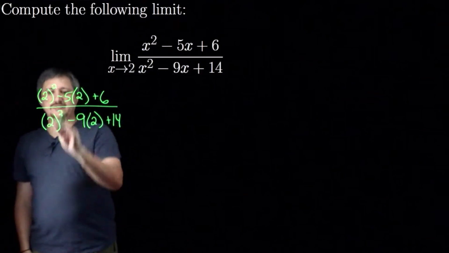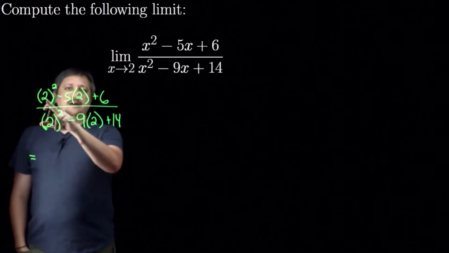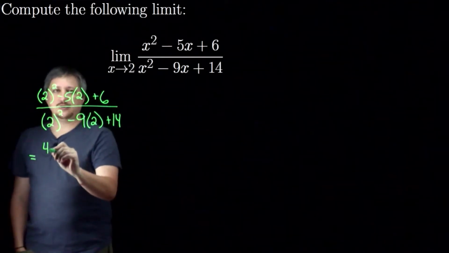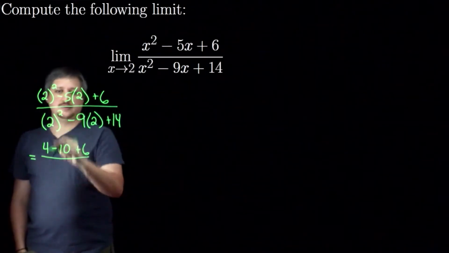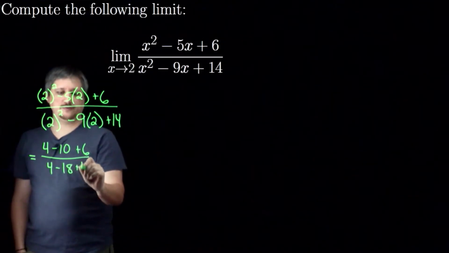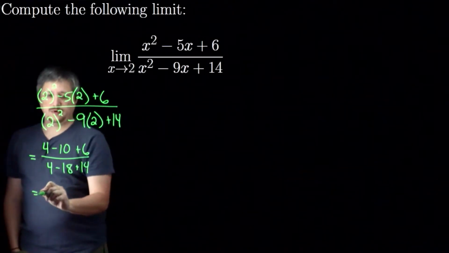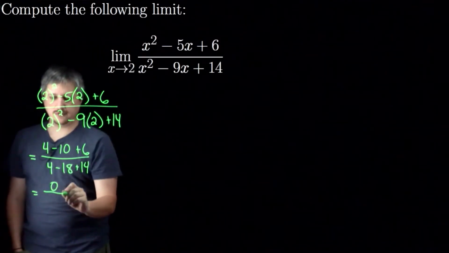Okay, so then this thing is in fact equal, so I can write equals. And that's going to give me 4 minus 10 plus 6 over 4 minus 18 plus 14. And putting all this together, I'm going to have 4 and 6 is 10, minus 10 is 0.